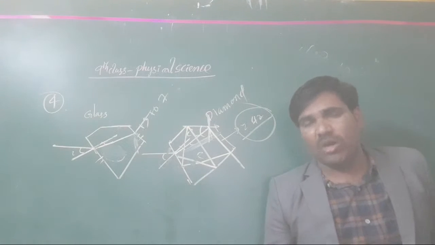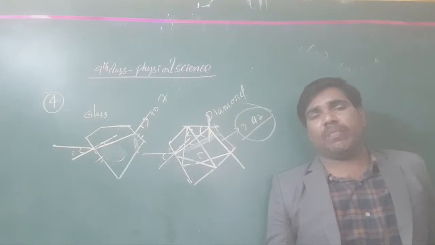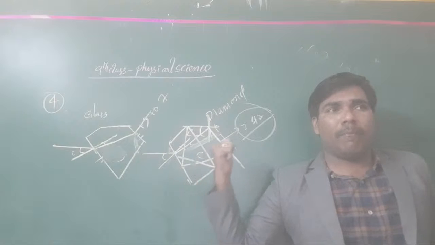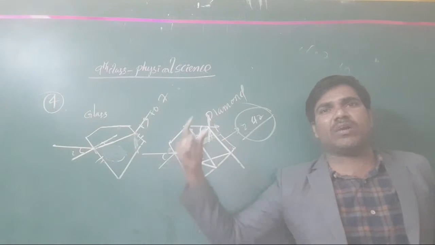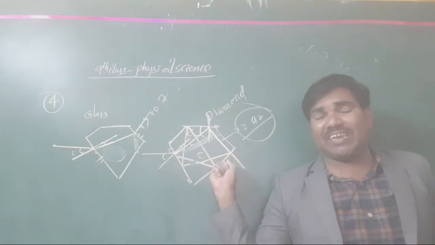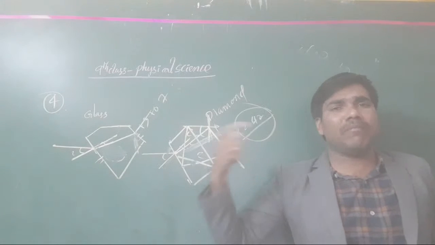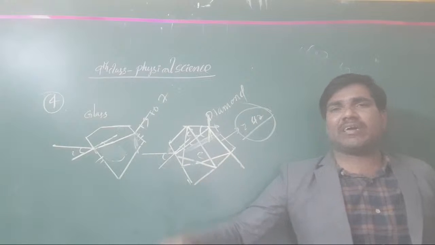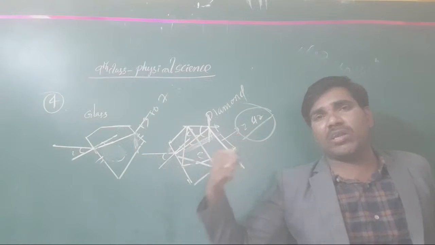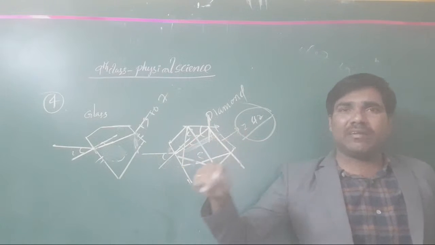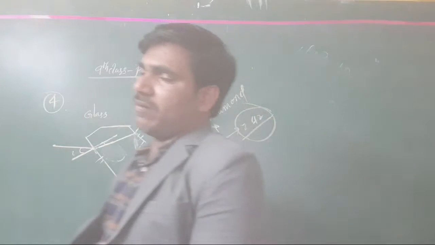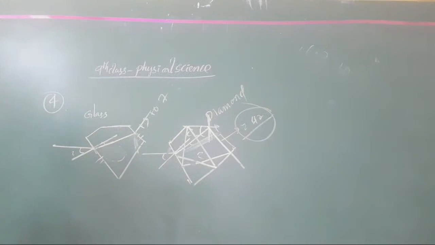And with these types of total internal reflections, a number of times, the light ray that initially entered the diamond may not go out from the diamond. Why? Because every time the light ray undergoes total internal reflection when it falls on a different surface, in the diamond as well as the glass. Got it? Next concept here.